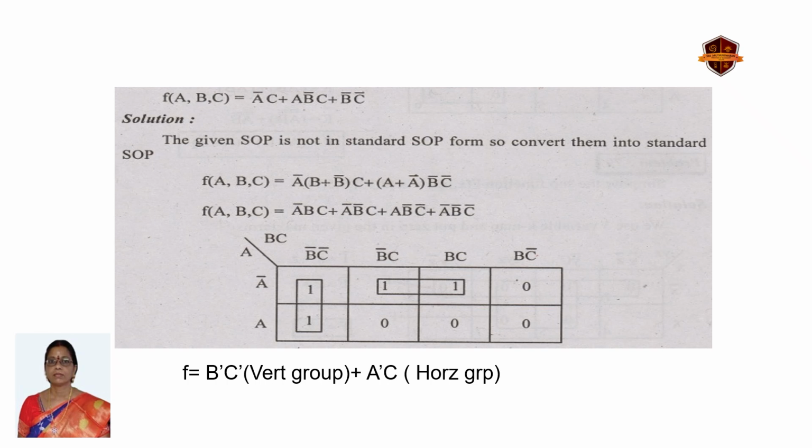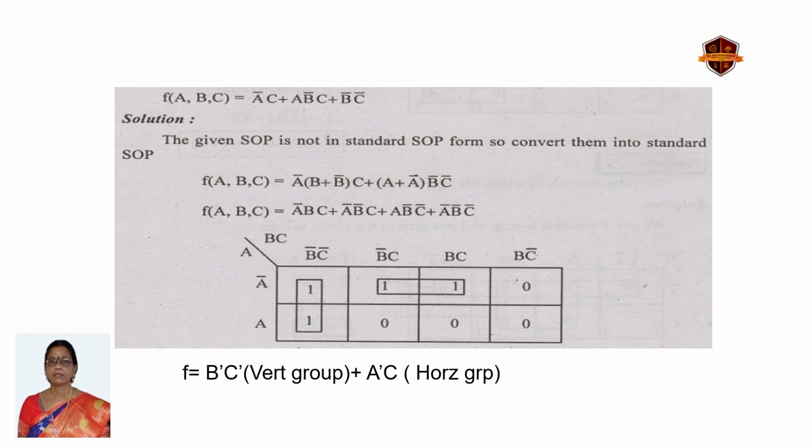So for 2 ones, you have either horizontal or vertical groups. You might think of the first 2 squares, but they have already been covered by another group, so an additional term is not required. It is not essential. Each term which has to be grouped is called a prime implicant.